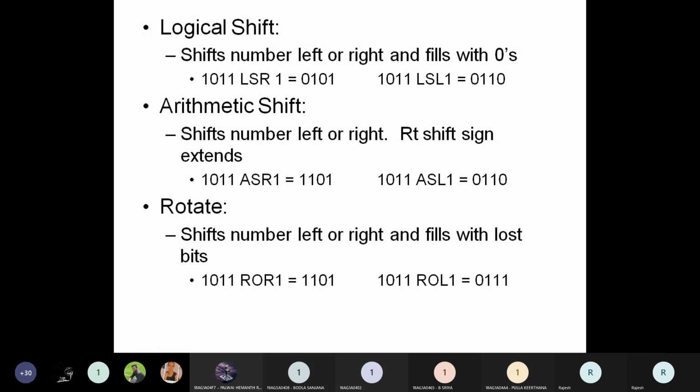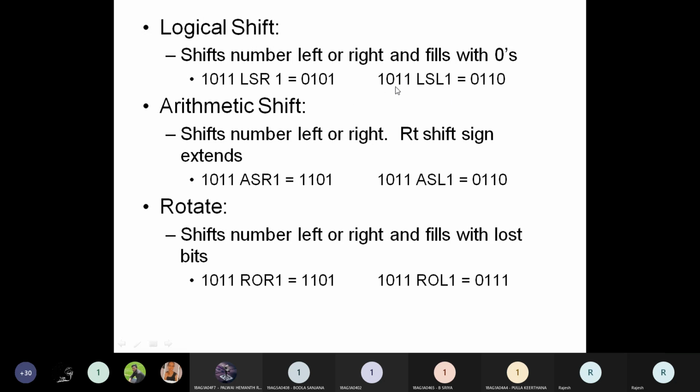Once you right shift, this one is eliminated and 101 will come into the next position. In the MSB position, 0 is placed. For 1011, logical shift left by 1: you are doing left shift.